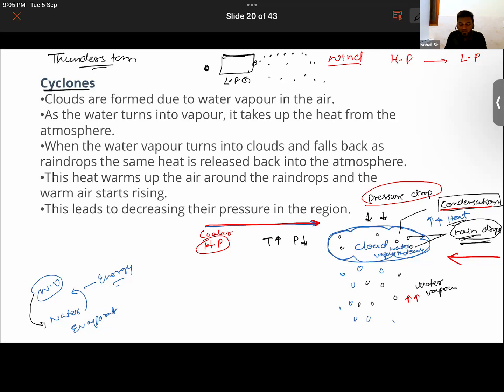LPG is liquefied petroleum gas, used in our kitchens as the fuel for cooking. It is stored in the cylinder. If someone opens the nozzle, don't try this, gas molecules can be smelled from any part of the room.